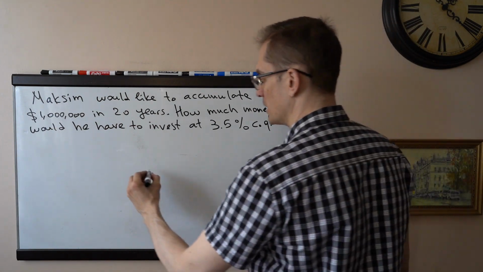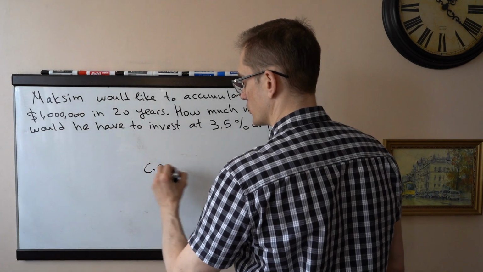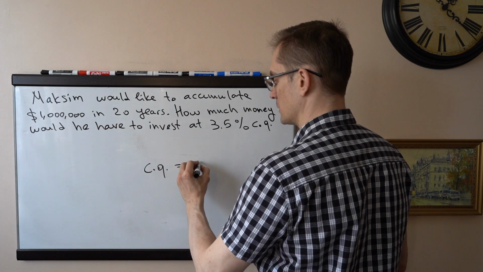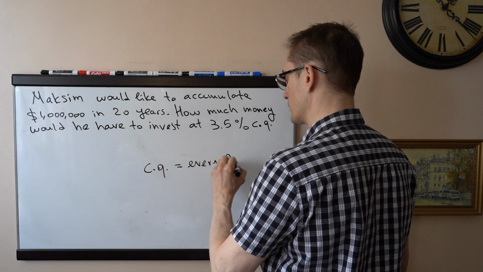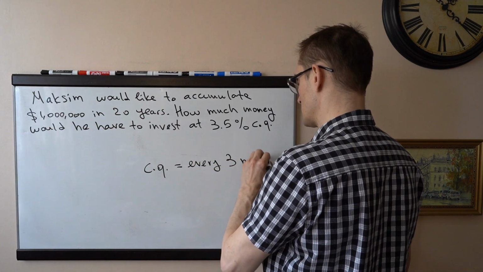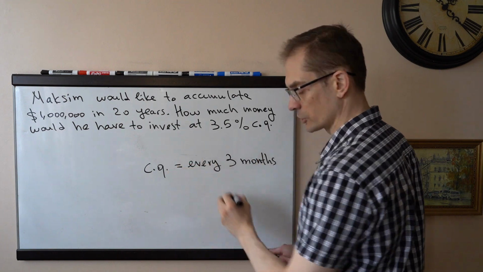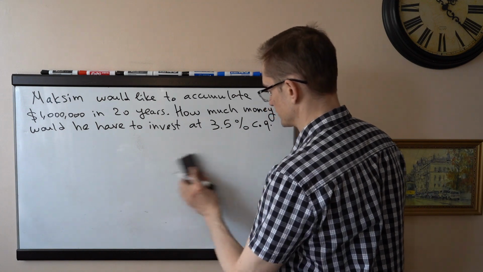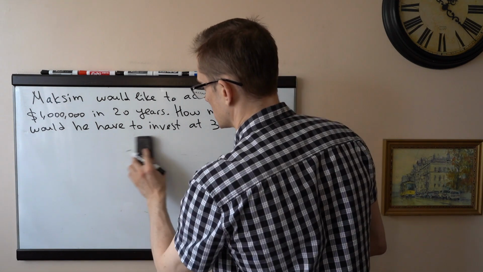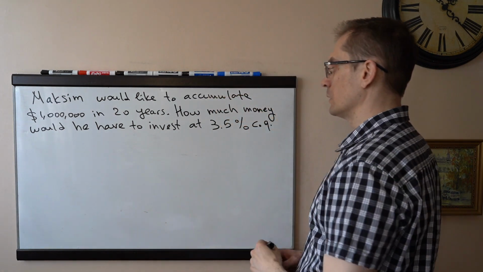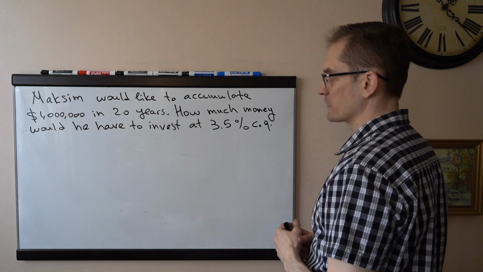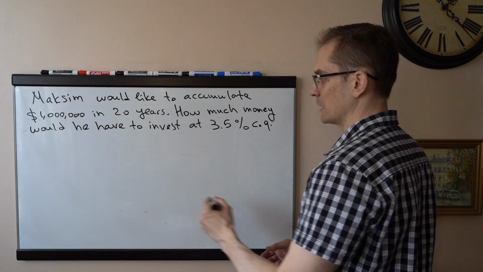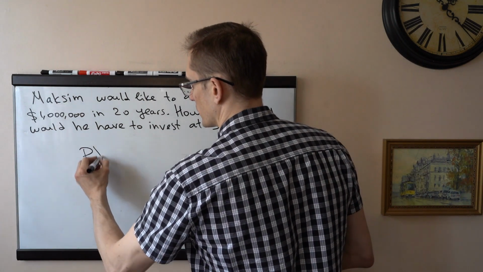By the way, keep in mind in your problems, not to be confused, CQ means every 3 months. Right? So that's what compounded quarterly is. Quarter is every 3 months. Okay, so in this problem we just need to know how much money must be invested. So that's the problem for the present value.